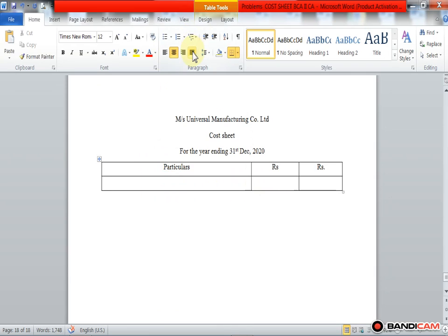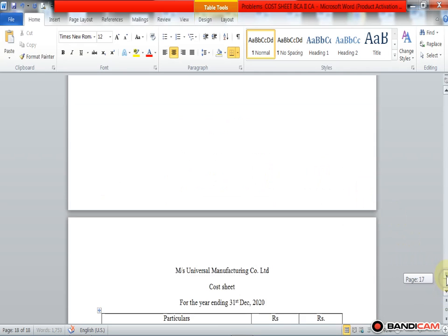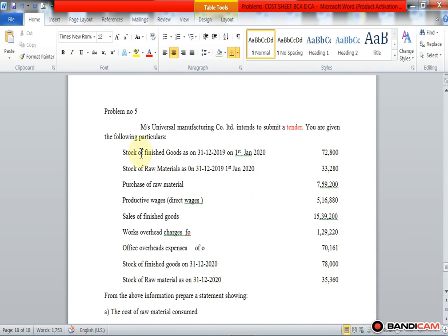So first of all, transfer stock of raw material that amounts to rupees 33,280, which is given in the problem. See, those items which are transferred are highlighted.